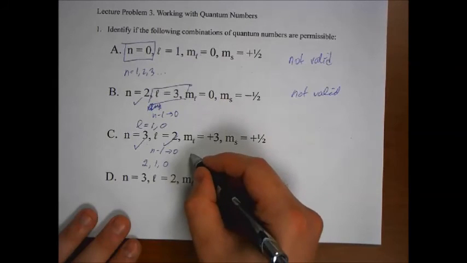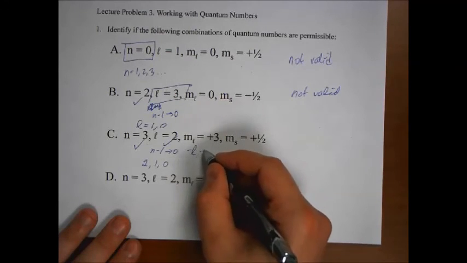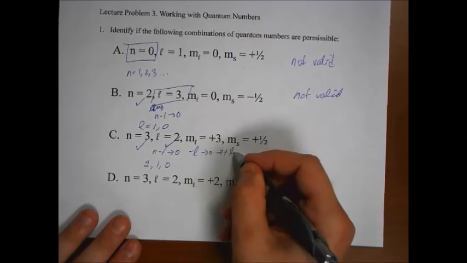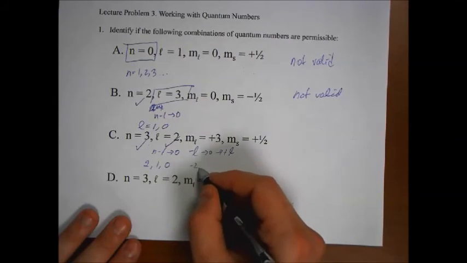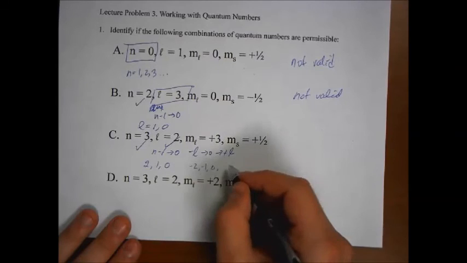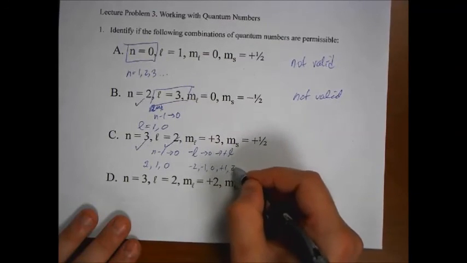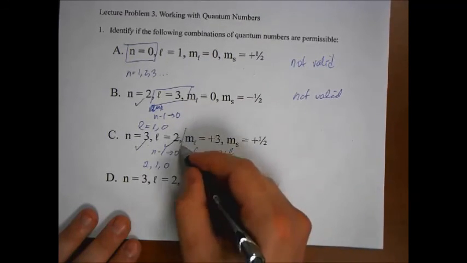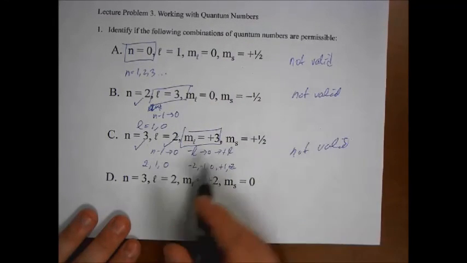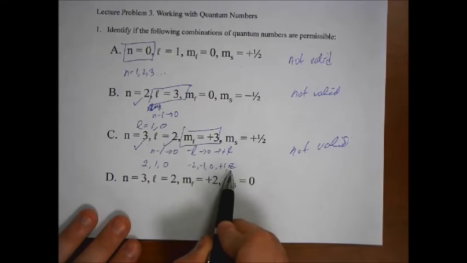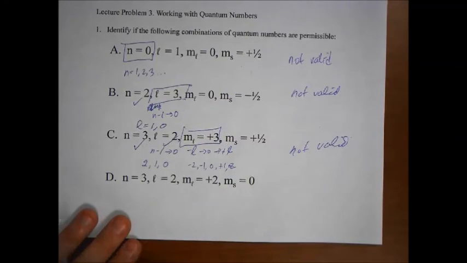Now let's look at m sub L. We know that m sub L ranges from minus L through 0 to plus L. So in this case, we should be able to get minus 2, minus 1, 0, plus 1, and plus 2. And we see already that this is a problem. This is not valid, because it is not anywhere between minus 2 and plus 2. We can't get plus 3.